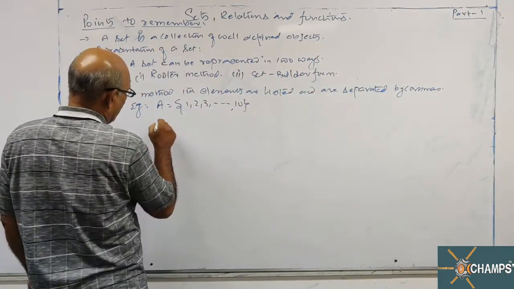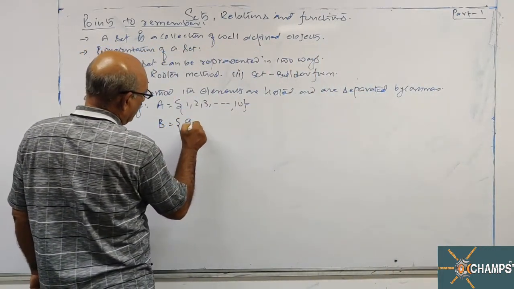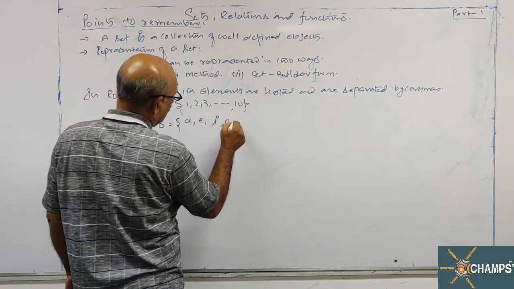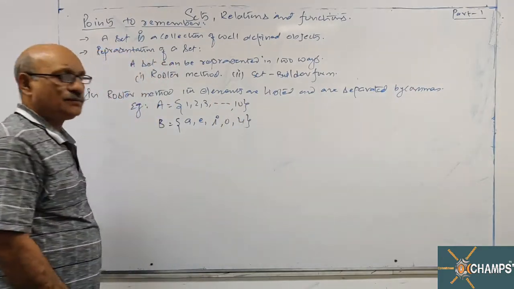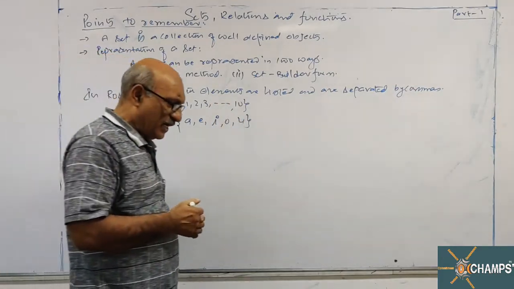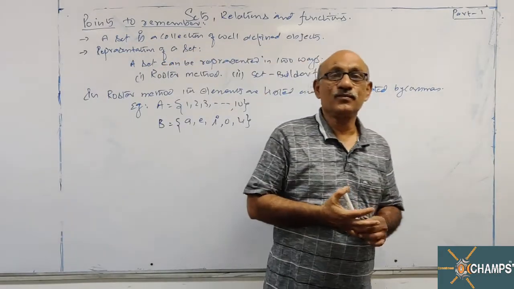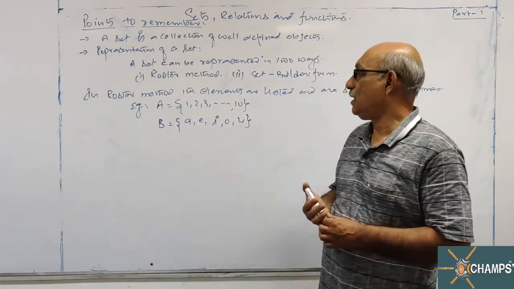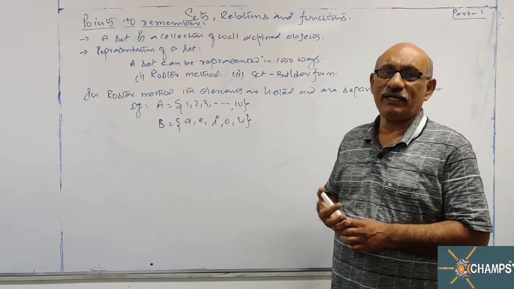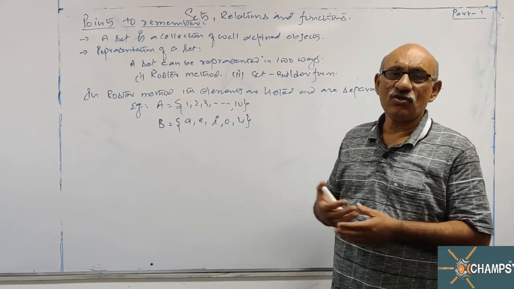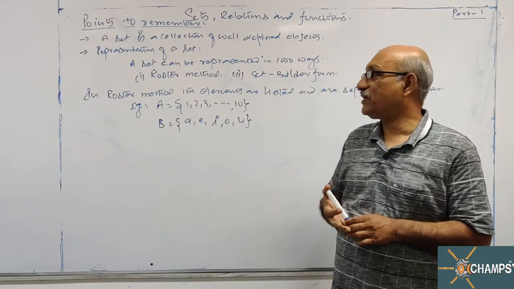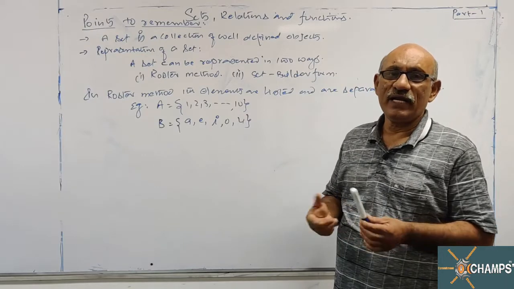Let us say another set, vowels. Remember one point here, when you are representing the elements in a set, order is not important. Means in which order you are representing the elements will not make any difference.